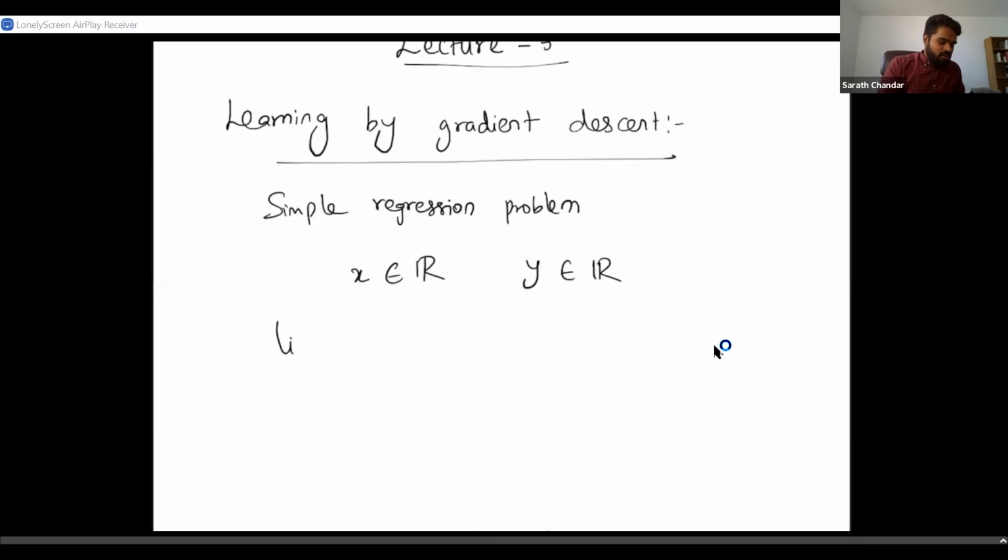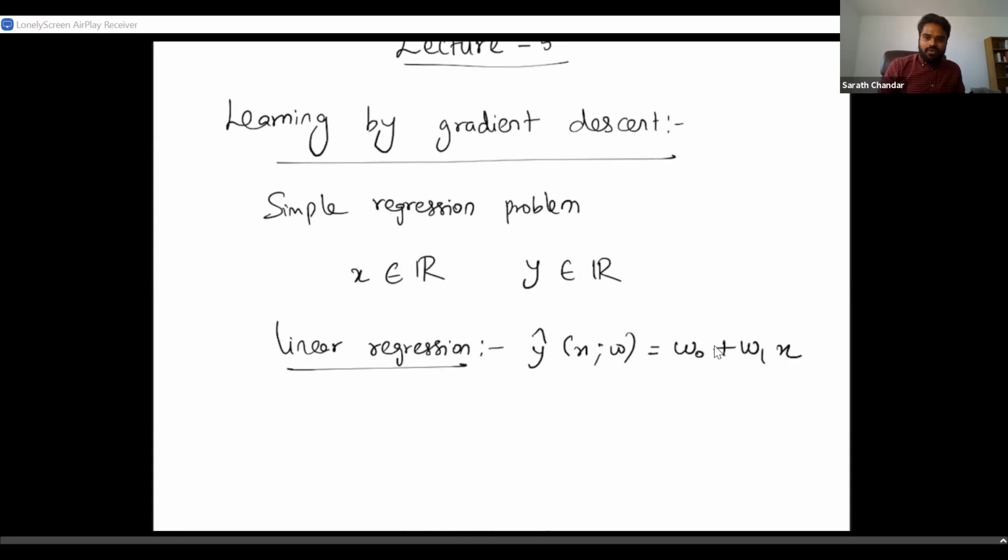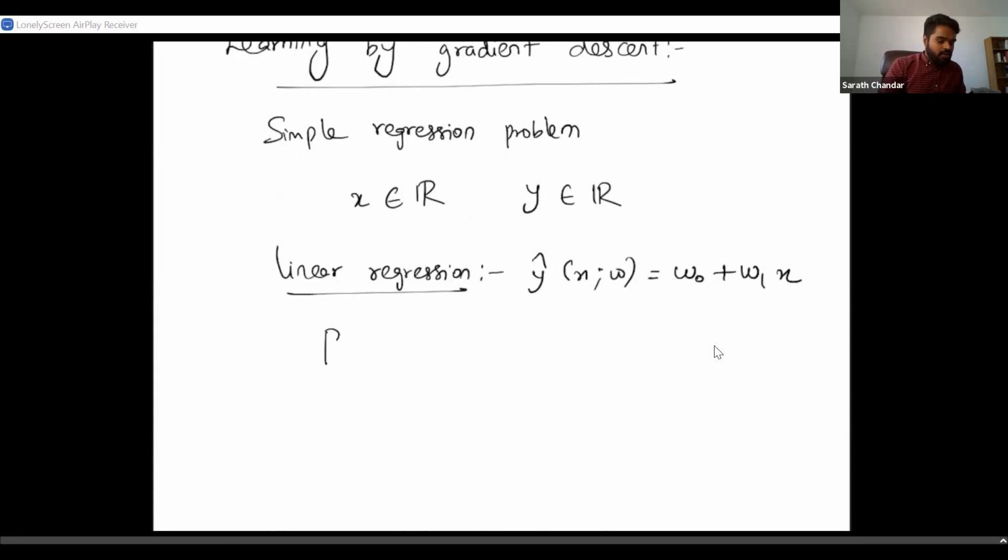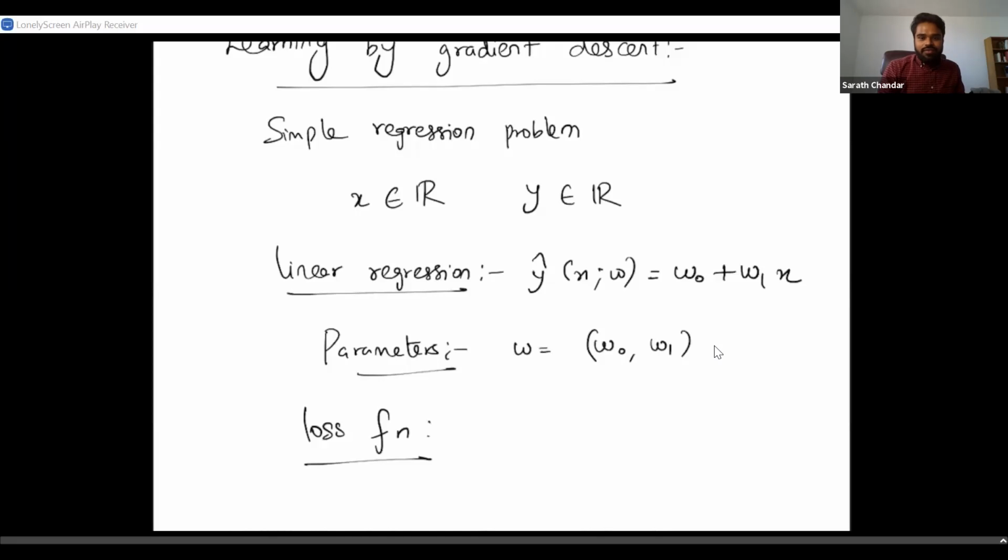The linear regression model that we have seen so far is given by y hat of x given w is equal to w0 plus w1 x. Now, what are the parameters of this model? The parameters of this model are w0 and w1. We also have a loss function, which is the MSE.